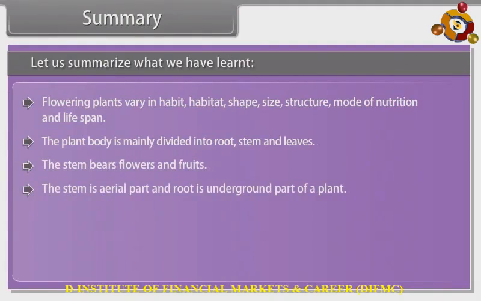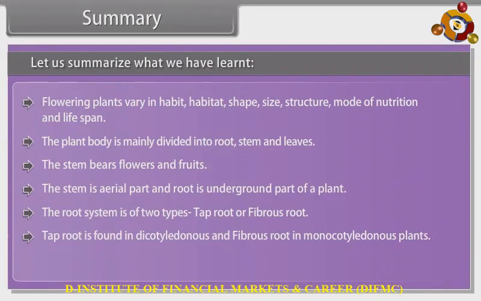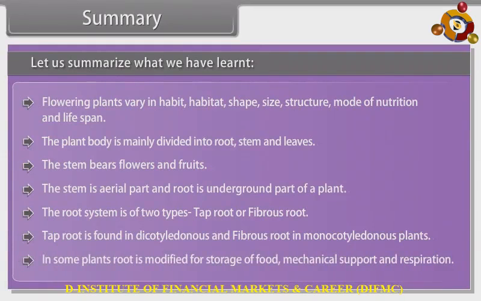The stem is the aerial part and root is the underground part of a plant. The root system is of two types: taproot or fibrous root. Taproot is found in dicotyledonous and fibrous root in monocotyledonous plants. In some plants, root is modified for storage of food, mechanical support, and respiration.